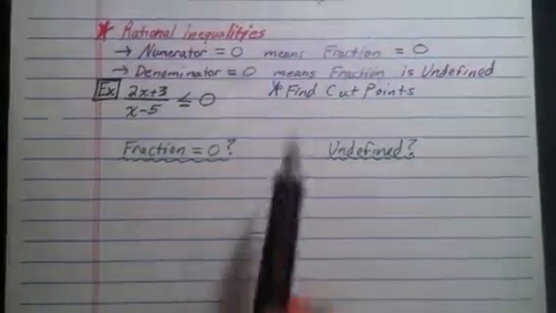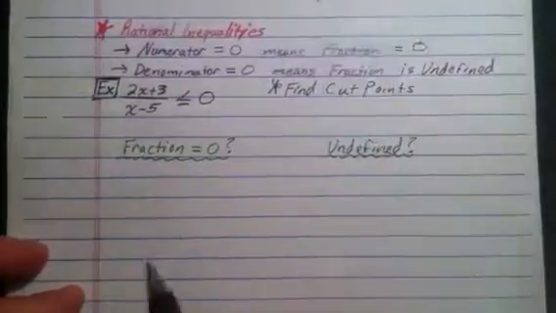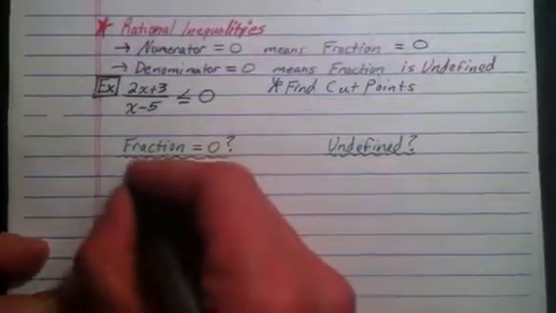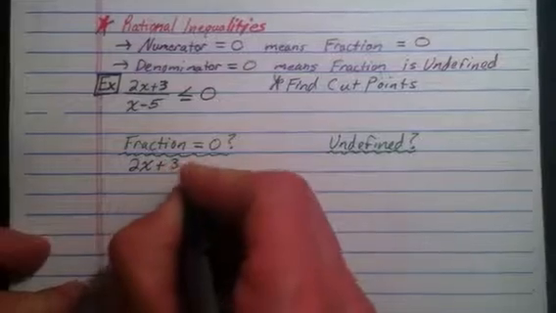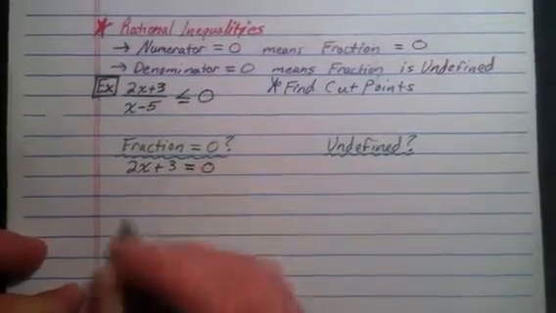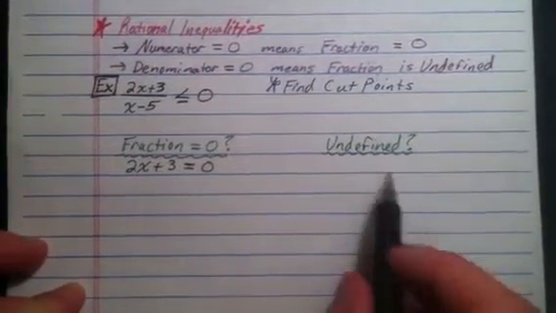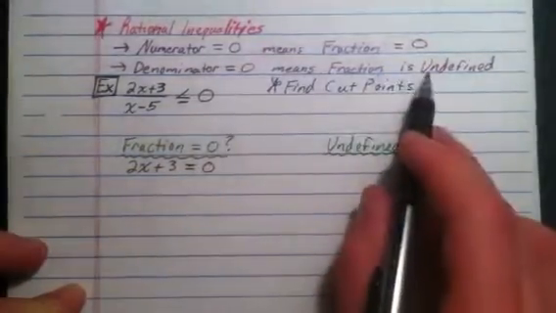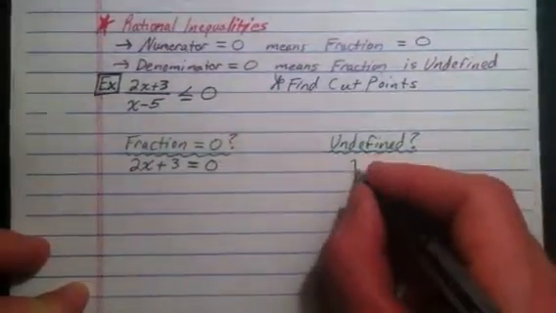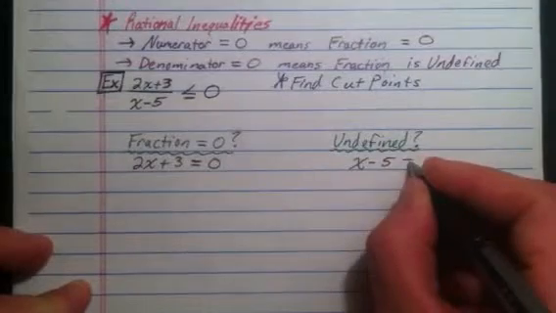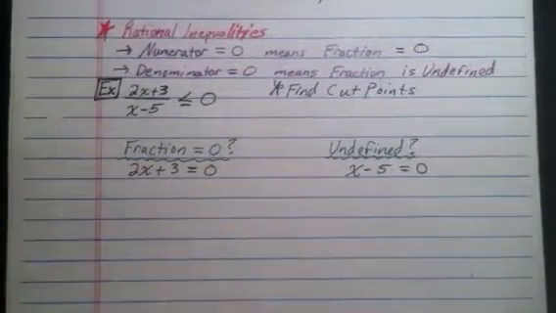Well, we just said that if the numerator equals 0, then that makes the fraction equal 0. So we want to say what x value is going to make 2x plus 3 equal 0. Undefined is going to be when the denominator equals 0. So we want to say what x value will make x minus 5 equal 0.